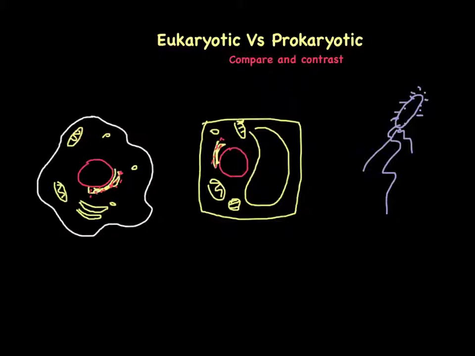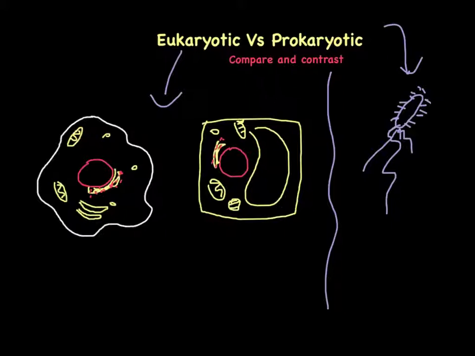Well, one of the main characteristics that can help students find the difference between prokaryotic cells and eukaryotic cells is the presence, or rather the absence, of the nucleus. We see that in our eukaryote cells we have this beautiful nucleus inside of the cell, and it is normally advertised as the organelle with the nuclear membrane or the nuclear envelope.